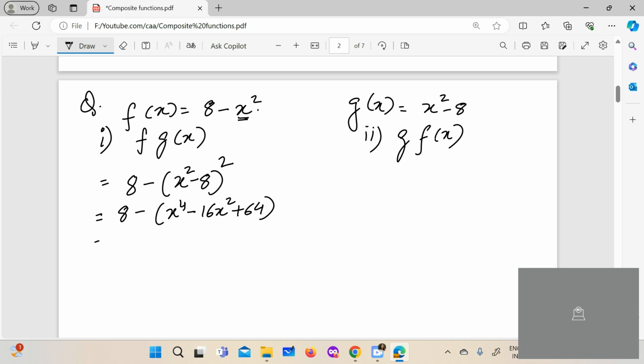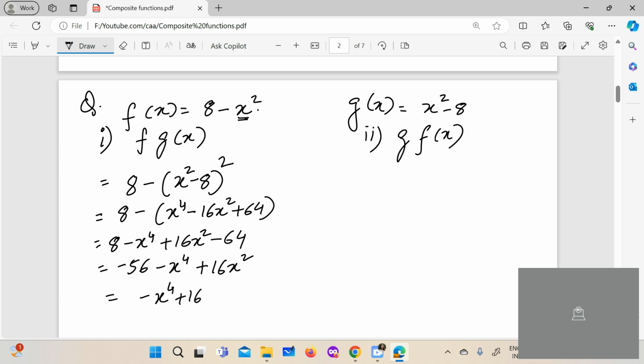Okay, now we open the bracket. 8 minus x to the power of 4 plus 16x squared minus 64, and then you can rewrite this as 8 minus 64 will be minus 56 minus x to the power of 4 and plus 16x squared. We can rearrange it: minus x to the power of 4 plus 16x squared, and then minus 56. So this is your answer for f of g of x.